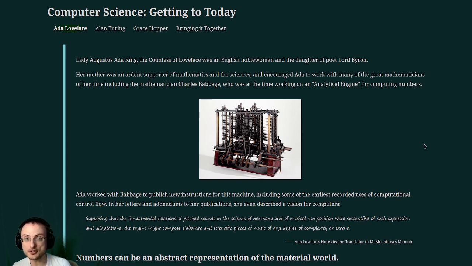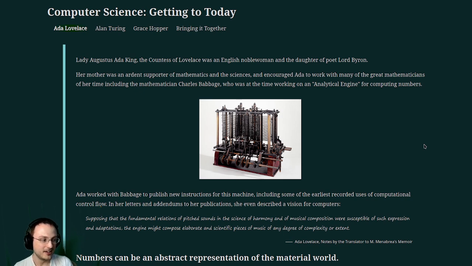As long as you could encode any process or any data you could think of numerically, somehow store it as a number, then you could use this same machine to do any type of work you could think of.